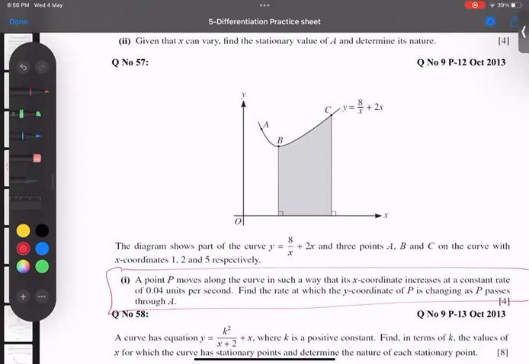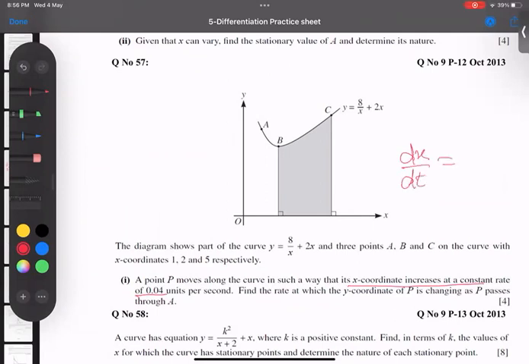Same 4-mark question. If you read it carefully, he's saying that x is increasing at a constant rate of 0.04, so dx by dt is given as 0.04. And find the rate of y, so dy over dt is the question at A, and at A the x coordinate is 1.